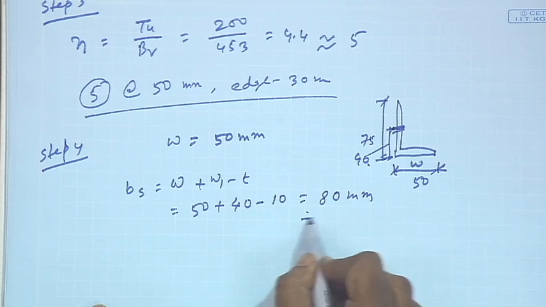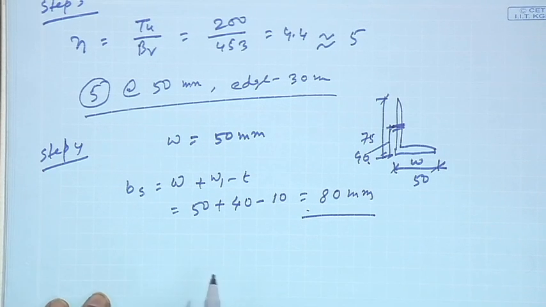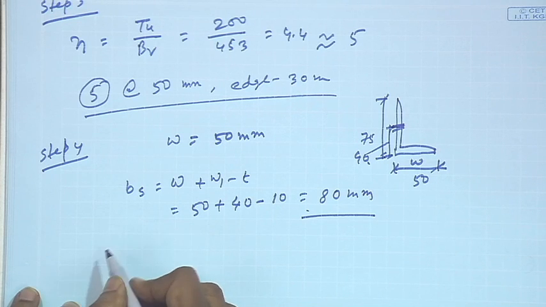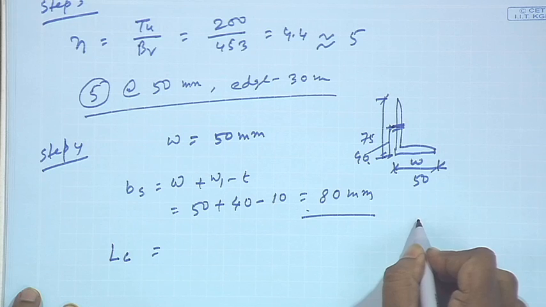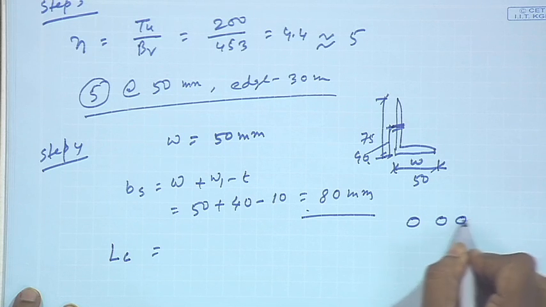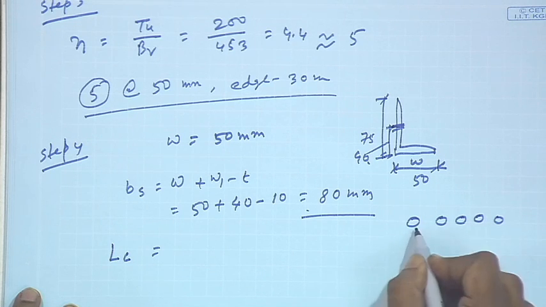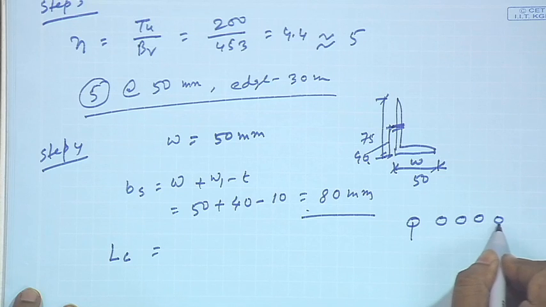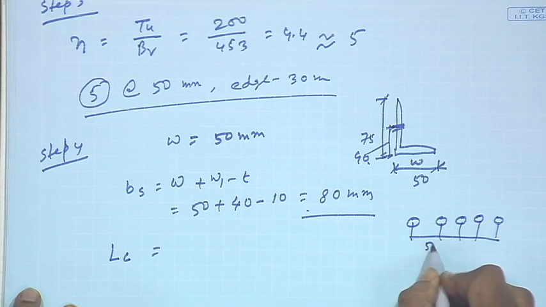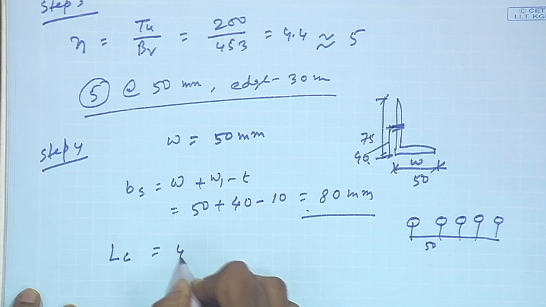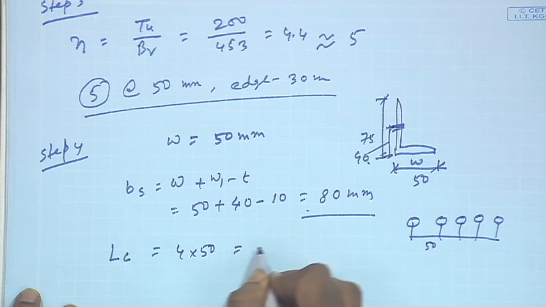So, once bolt distribution is known, we can find out shear lag width as well as the distance between end bolts, LC. Distance between end bolts, we have 5 bolts, right. So, distance between end bolts will be, these are 50 pitch distance. So, 4 into 50, this will be 200 mm.